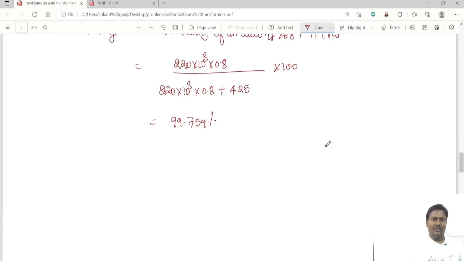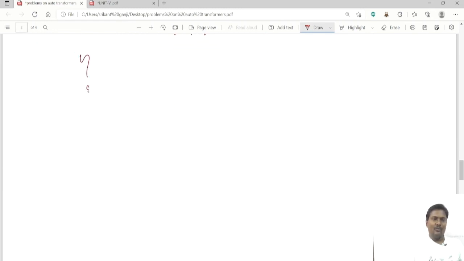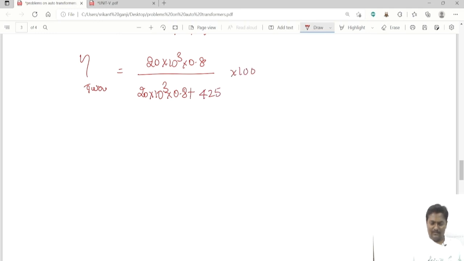So if you want to calculate the efficiency of the two winding transformer, the rating is 20 kVA: 20 into 10 to the power of 3 into 0.8 divided by 20 into 10 to the power of 3 into 0.8 plus 425, into 100. So by using the calculator, what is the efficiency of the two winding transformer when compared to the auto transformer?